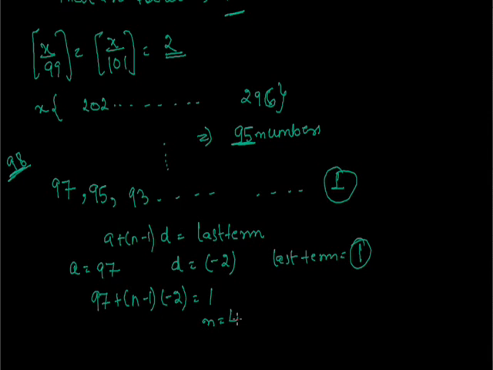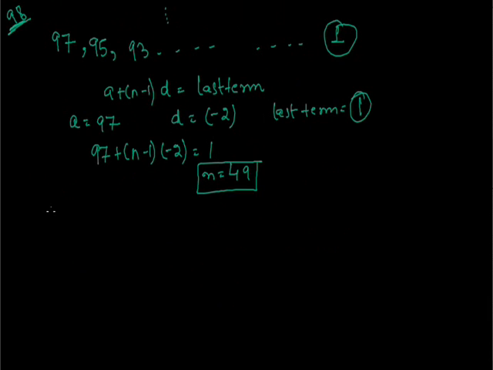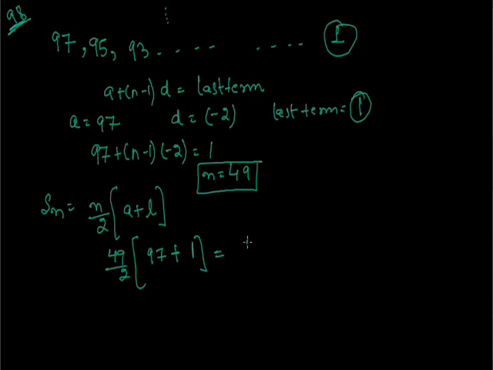By solving, I'll be getting n equal to 49. Now I have to find the sum of all these. So for Sn, the formula is n by 2 times a plus l. So n is 49 by 2, a we already know is 97, plus the last term is 1. So it is 49 by 2 into 98, which is 49 squared.